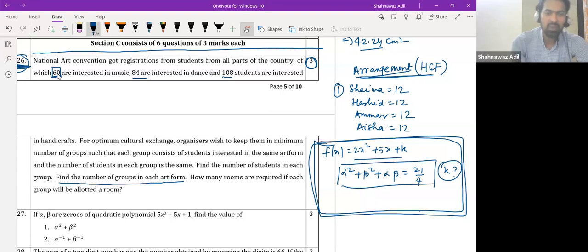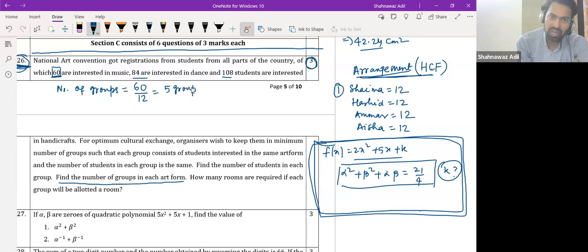If you want to calculate the number of groups, the number of groups in music would be how much? The total is 60 and each group contains 12 students, so this would be five groups.